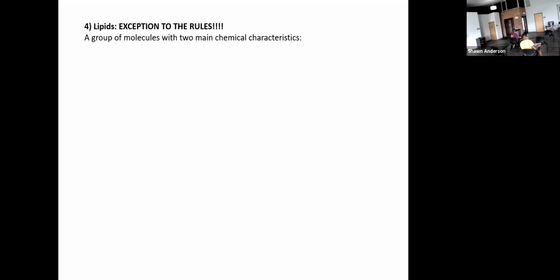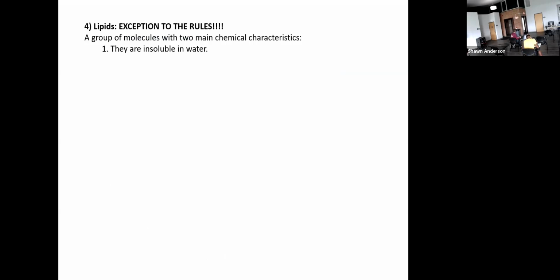These are weird ones, okay? But they have two major characteristics by which we can identify them. Lipids do not dissolve in water.